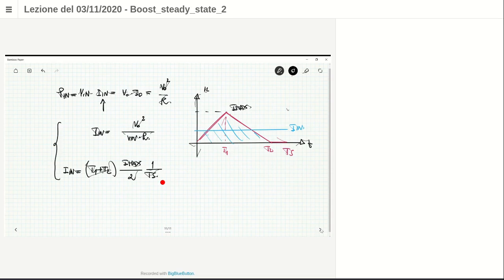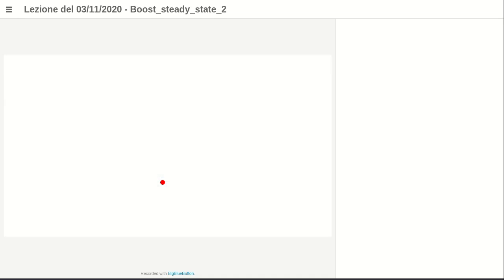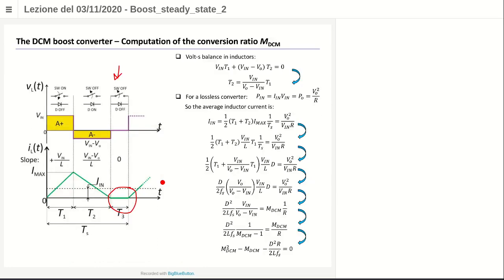So we have these two expressions here, and then we just computed T1 plus T2, because this is T1 multiplied by V naught over (V naught minus V in). Then we use these three equations to derive the result after the break. Okay, so the break lasts from now up to 10 and 8. Okay, see you later.